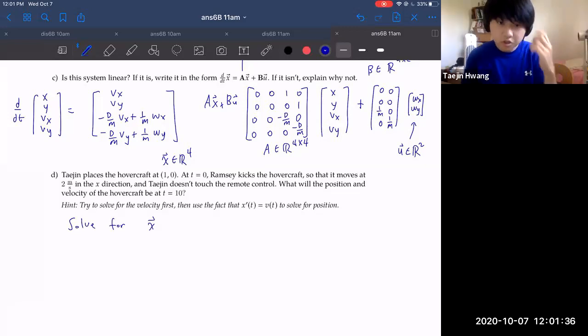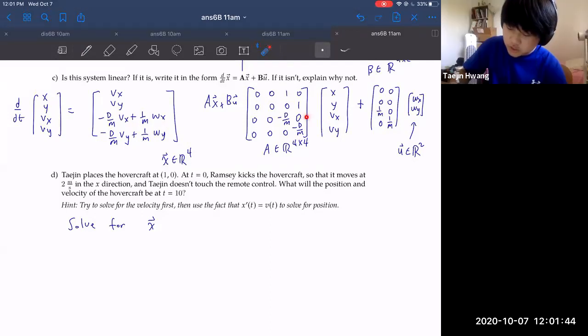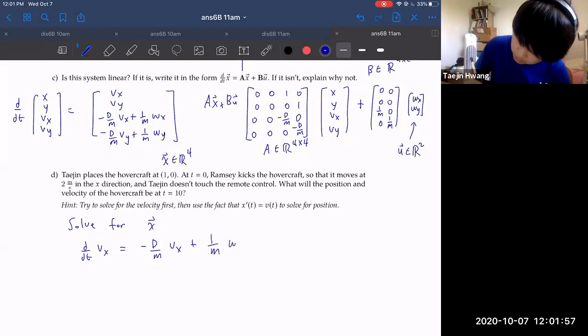And as we said, linear is easier to solve, and the way we're going to do this is take advantage of this structure where we can just look at this bottom diagonal block. So we can write out this differential equation. Realize that the input is 0 because we don't touch the remote control.